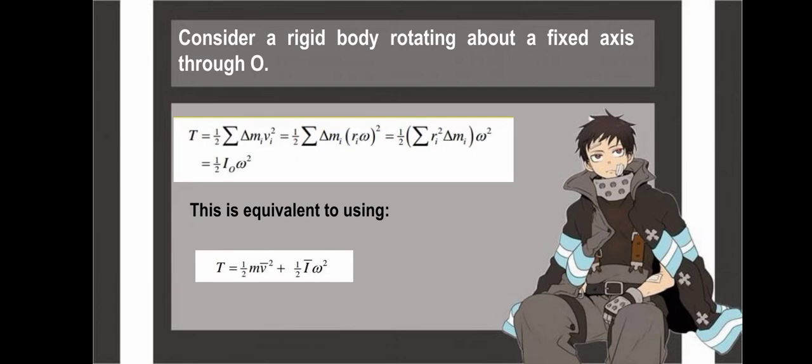So, when it is rotation about a fixed axis through O, we can now use this formula. Kinetic energy is equal to 1/2 of the mass moment of inertia about O multiplied to ω², which is equivalent to the earlier formula for translation and rotation, 1/2 m v̄² plus 1/2 I ω².